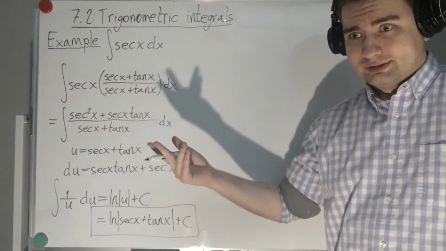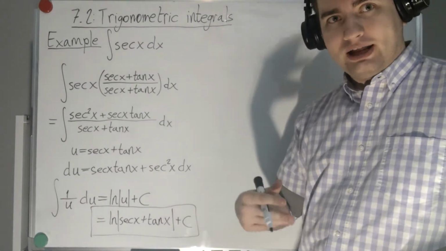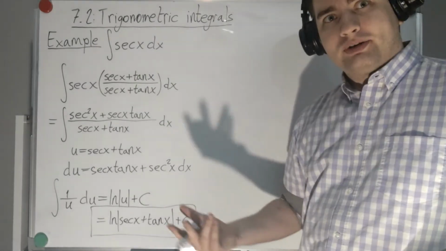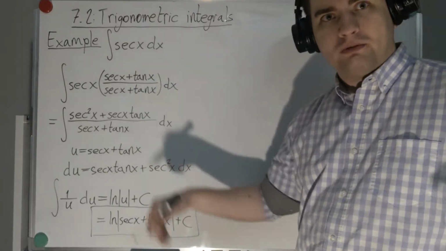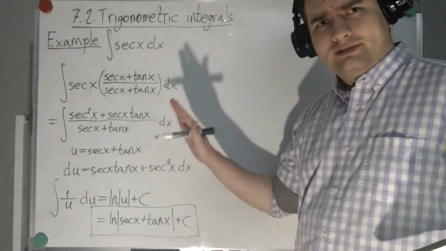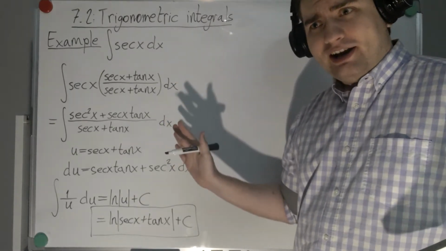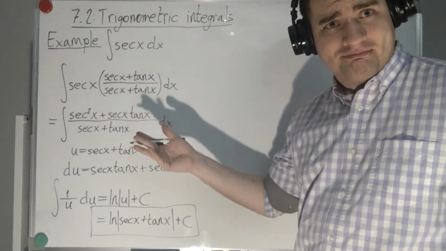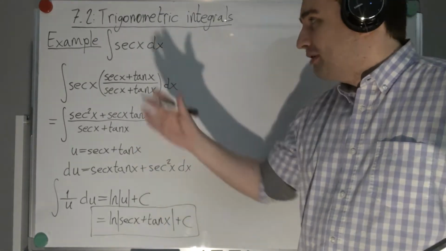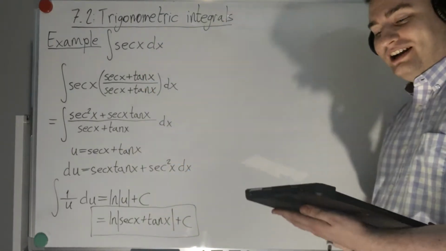For cosecant, rather than multiplying by secant plus tangent over itself, what you do is you multiply by cosecant plus cotangent over itself, and then you go from there. But apart from those two, I can't think of anything else where this exact thing is helpful. Okay? But you should know how to do this, so we did it. Okay?